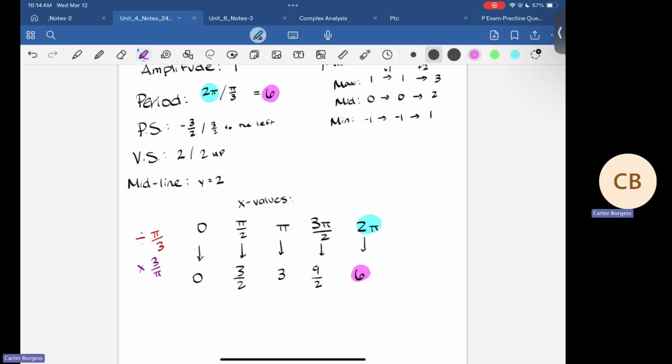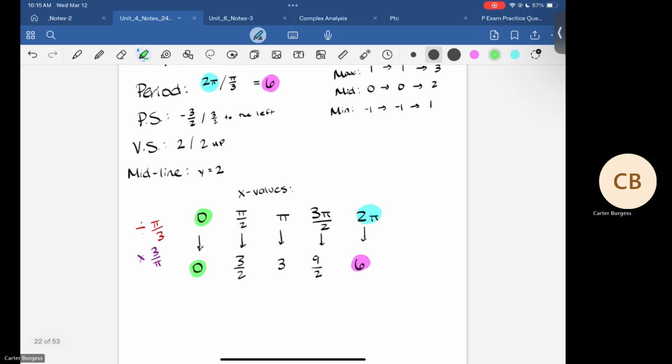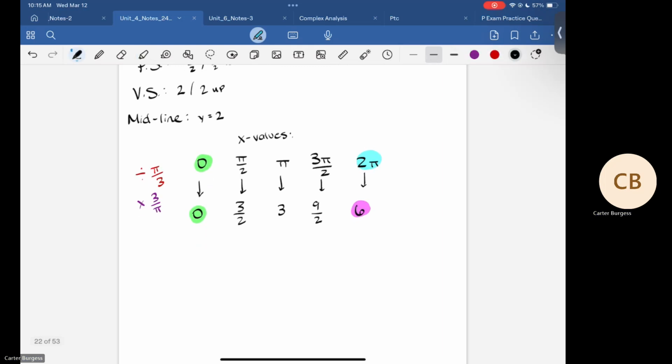And 0 just stayed 0, right? Before we apply any kind of shift, nothing that we do to 0 is going to move it. What can we notice about 3? Where's that 3 coming from? It's half of a rotation. This is halfway between 0 and 6.